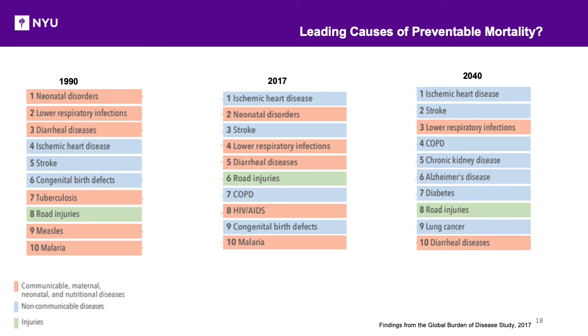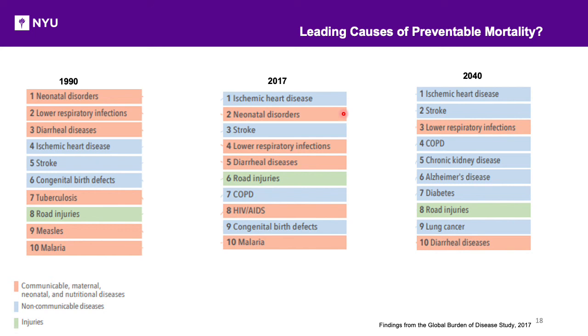So when we look at this data, which is published from the findings of the Global Burden of Disease study from 2017, in the 1990s, the first 3 diseases were communicable diseases. In 2017, 2 of the first 3 were non-communicable: stroke and ischemic heart disease, followed by neonatal diseases. This is for total mortality and preventable mortality.